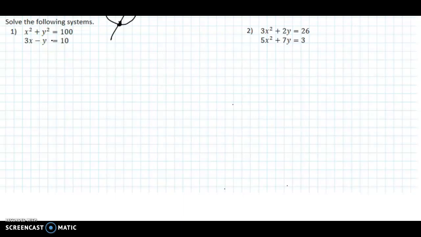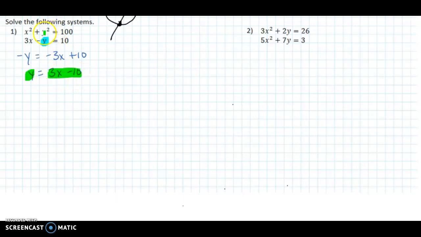So to solve this with substitution, I'm going to solve for this y down here. Let's subtract 3x from both sides, and then divide by -1 to get y is equal to 3x minus 10. And then with substitution, I replace the variable with whatever the expression is.